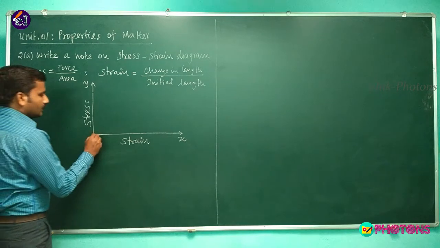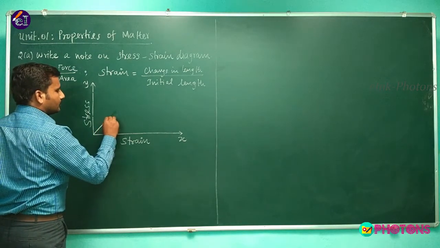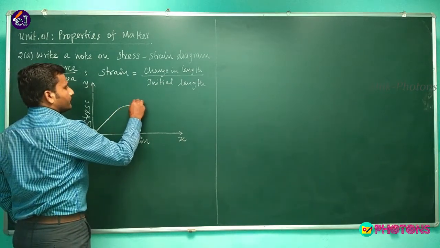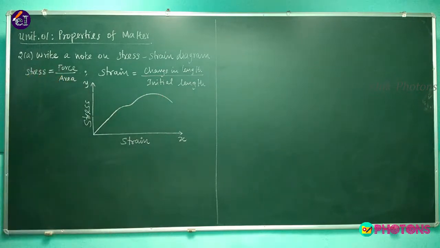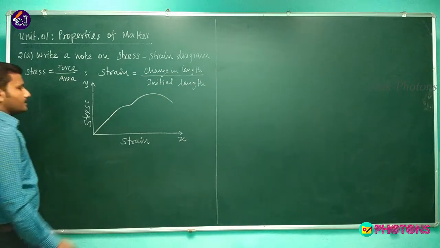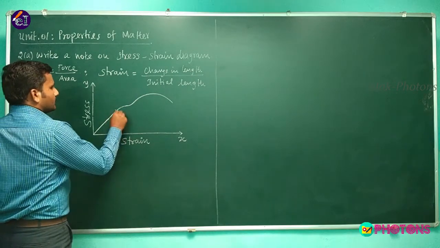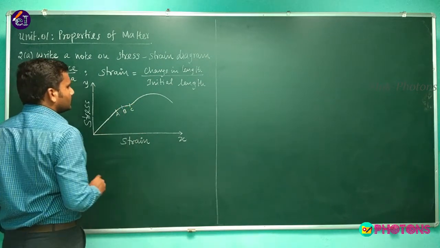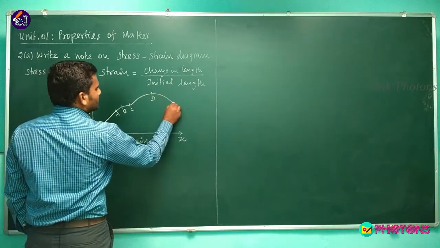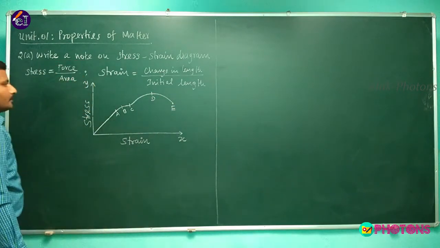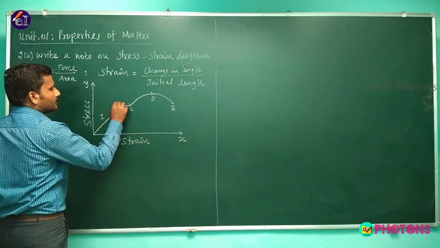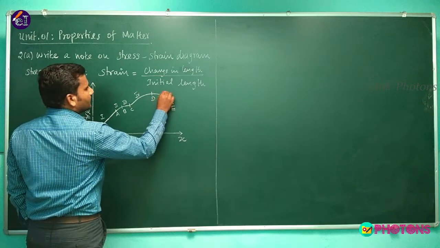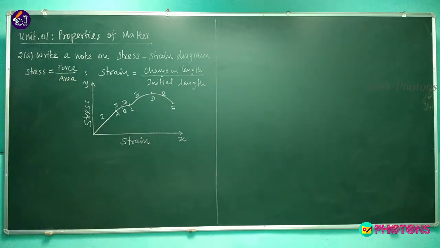Now this graph will look like this, and it has 5 segments. This is A, this is B, this is C, this is D, and this point is E. Let's say this is segment 1, segment 2, segment 3, segment 4, and segment 5.